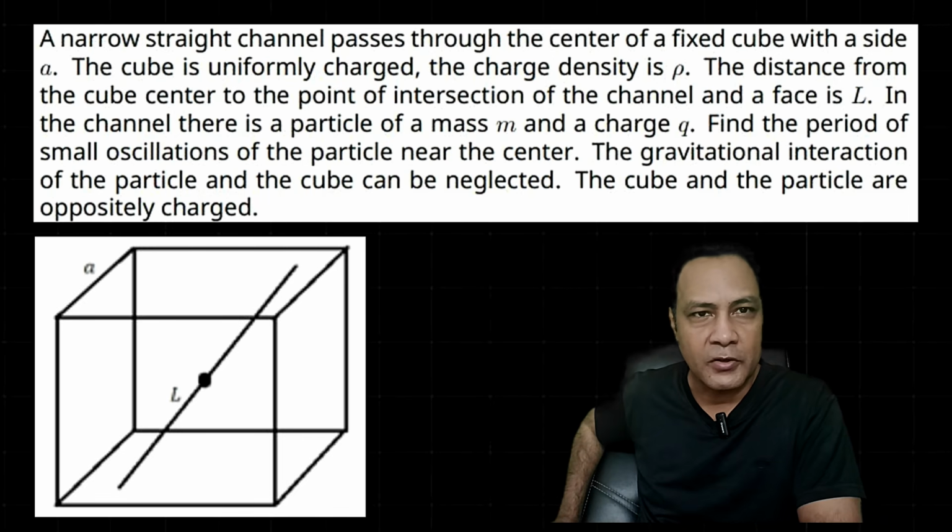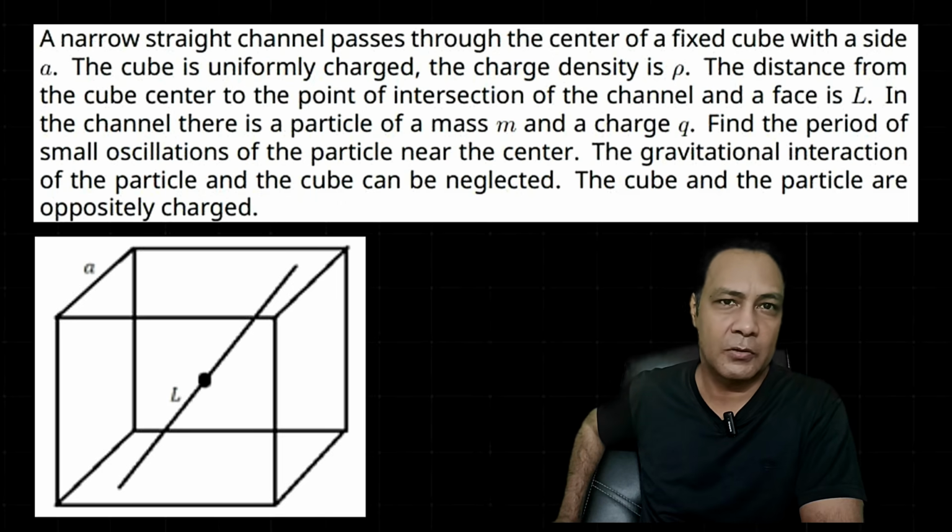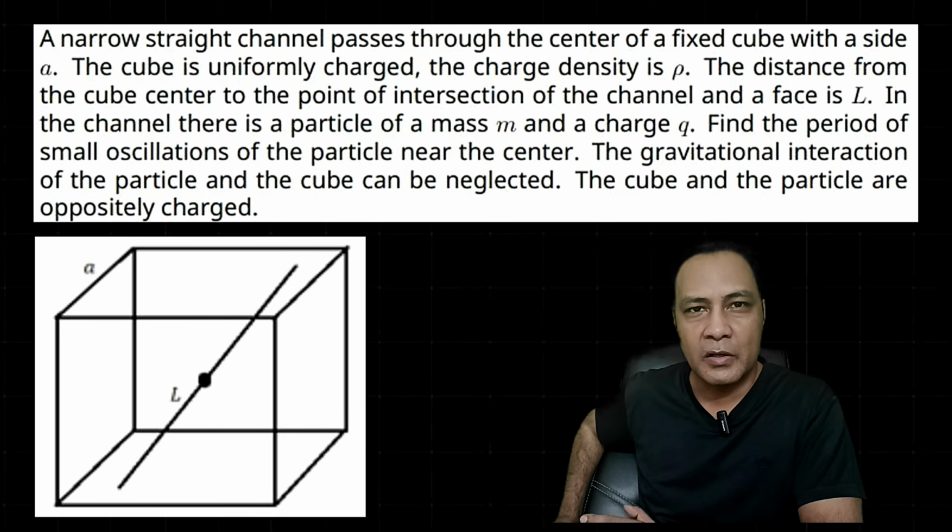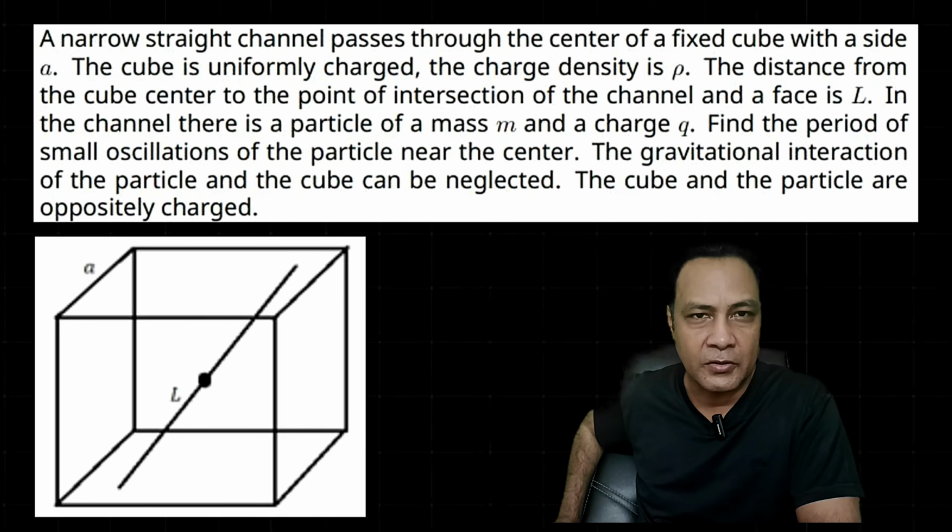So basically, there is a uniformly charged cube of uniform charge density rho, and a tunnel is made through the center, and the charged particle, whose charge is opposite to the charge of the cube, is released near the center, and it starts oscillating, and we have to find the time period of that oscillation.